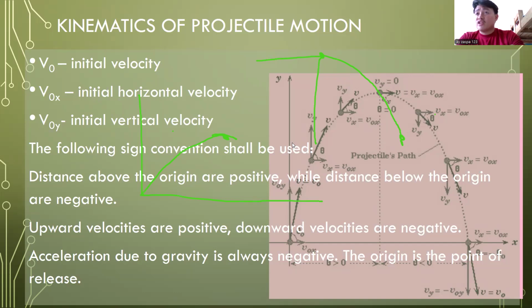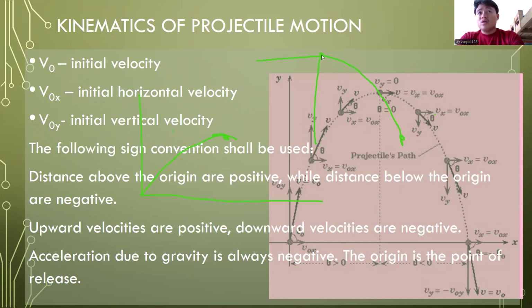Always think that the distance in horizontal is positive, while the distance in vertical can be negative. Upward velocities are positive, while downward velocities are negative.